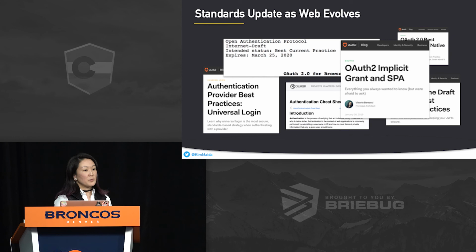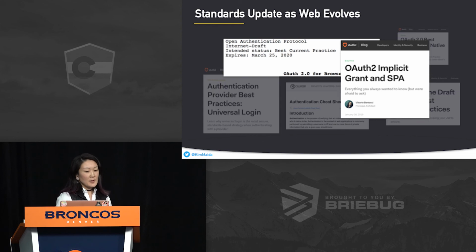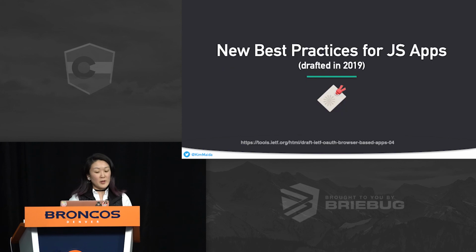So they can deliver best practices, and these can change periodically as time goes by. Especially with something as sensitive as authentication and security, it's really important to know about the best practices. And in fact, there are now new best practices for JavaScript applications that were drafted in early 2019.